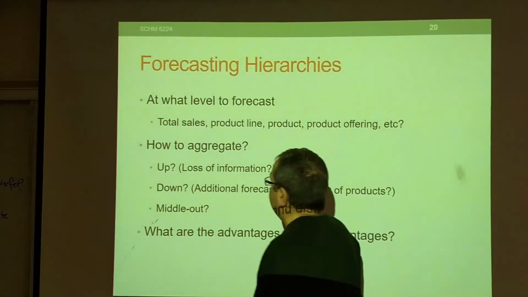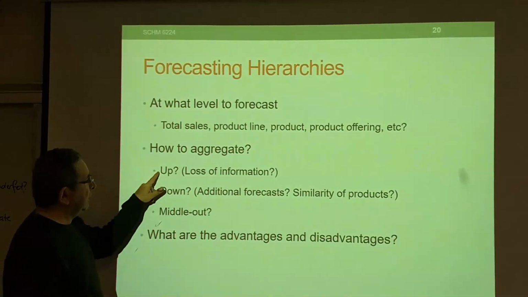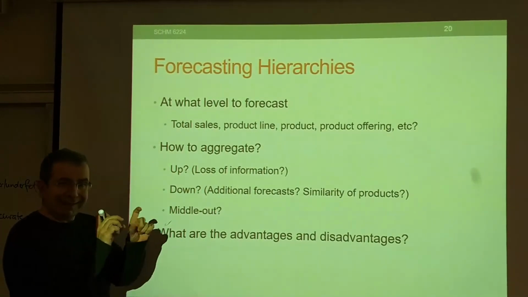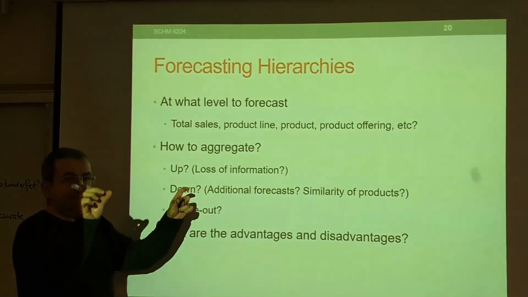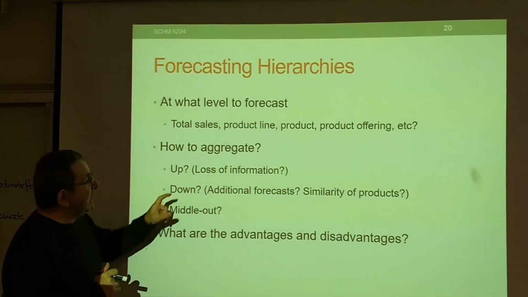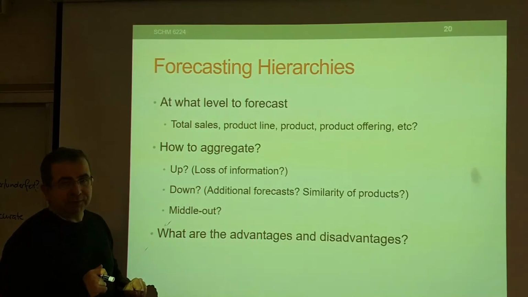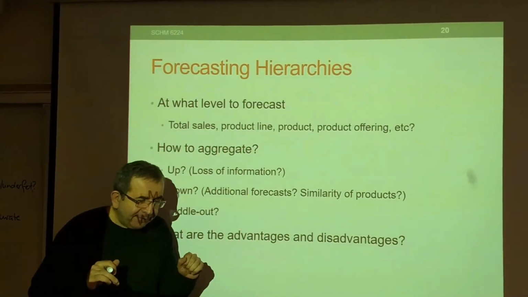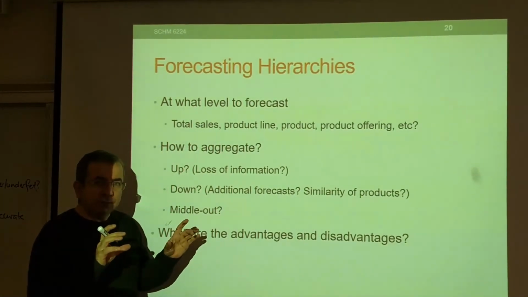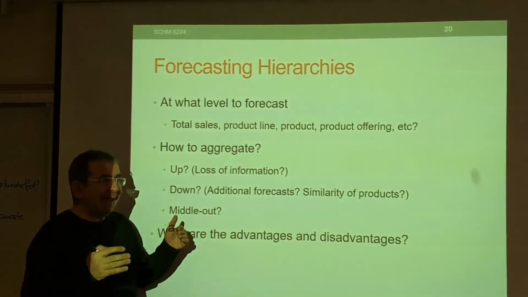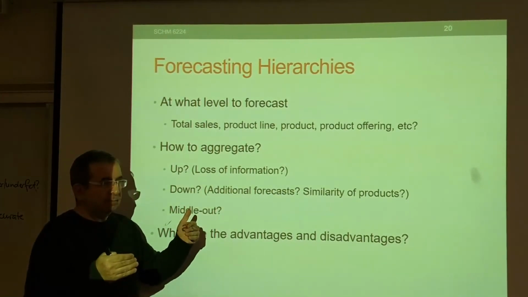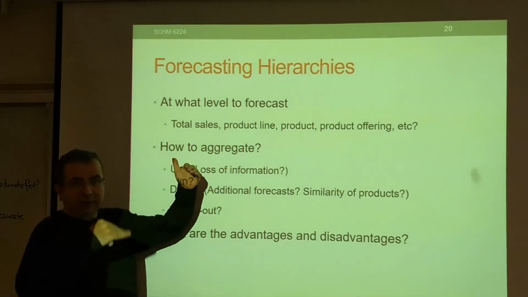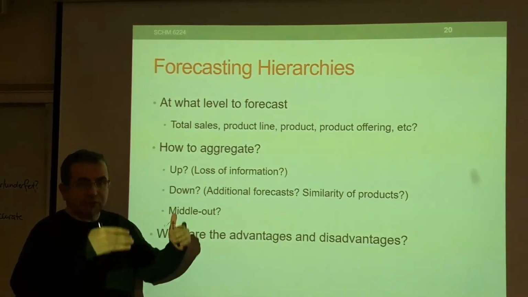So when you start with a bottom-up process, so you start with the individual SKUs, and then you keep aggregating them, you lose information. How so? Let's suppose you have two SKUs that have different seasonalities. When one SKU increases, the other SKU decreases, and vice versa.